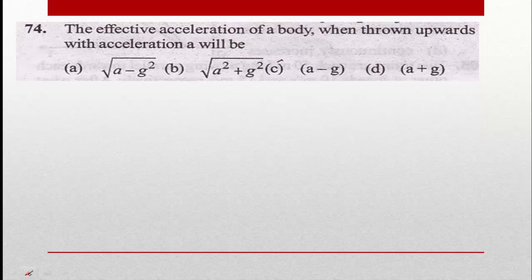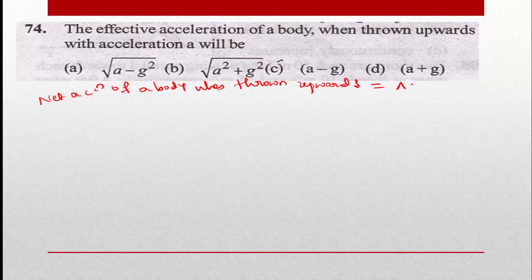Question number 74. The effective acceleration of a body when thrown upwards with acceleration A. The net acceleration of a body when thrown upwards is equal to the acceleration of the body minus the acceleration due to gravity.